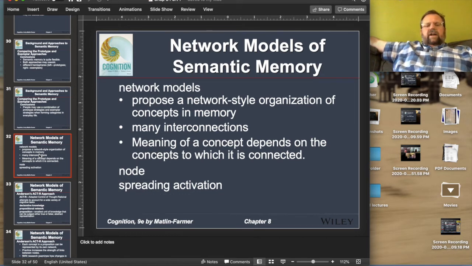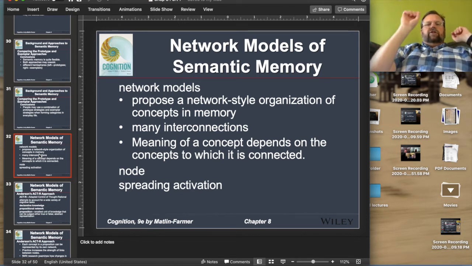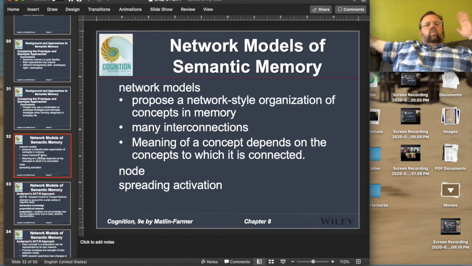So the meaning of a concept depends on the other concepts to which it is connected. In network models of semantic memory, we have different nodes, and those nodes have different concepts, and the nodes are connected to other concepts that allow us to make meaning out of what we're looking at. And this is the idea of spreading activation.